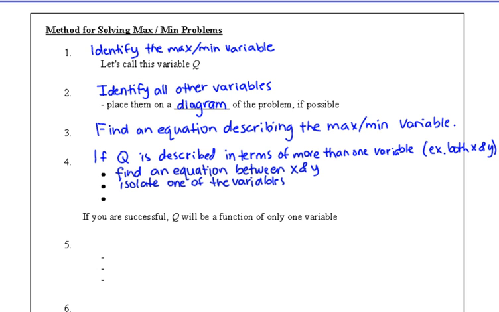So there's some sort of relationship between those two variables so that our equation should only ever have two variables in the end. The variable we're trying to maximize and one other variable. That's our goal. Okay, an equation with two variables. The one we're maximizing and then one other one. So substitute this back into the original equation.